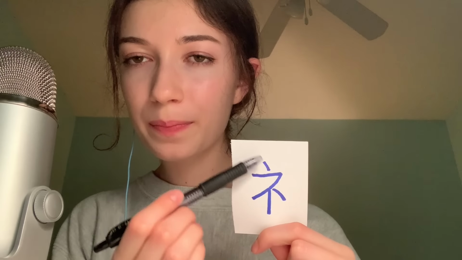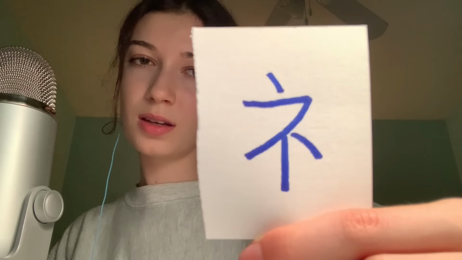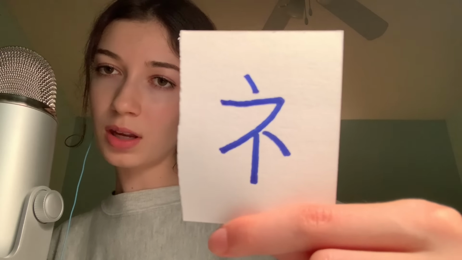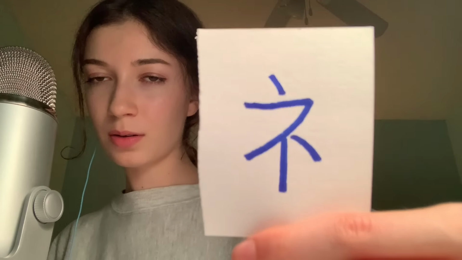Okay, and ne starts up here. 1, 2, 3, 4. This one's a little bit more complicated. Ne. Maybe if you want to say net, like netto, it starts with ne.